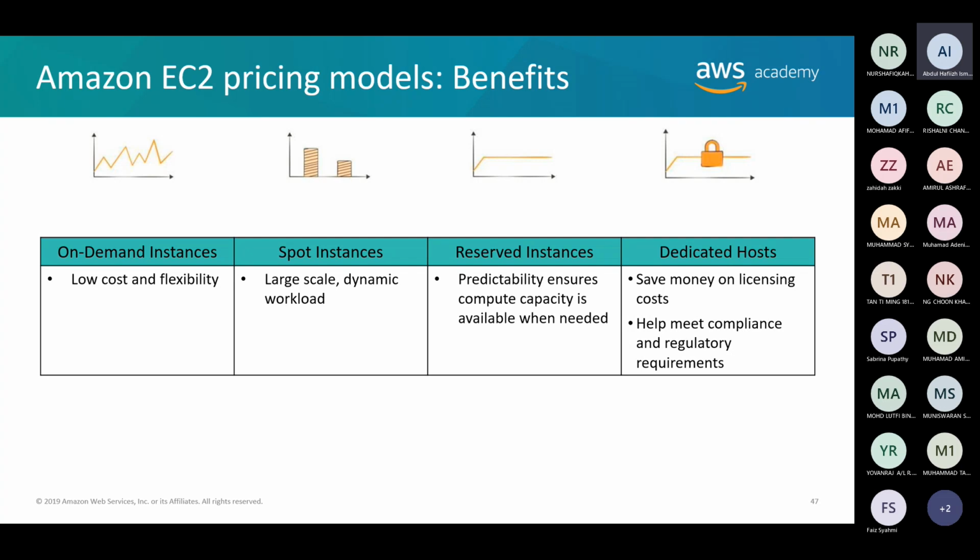So kita dah reserve siap-siap. Apa maksudnya bila reserve kita bayar awal, so kita pun bayar murah and kita tak perlu kata tak cukup capacity kan. Macam spot instance ni kita tak tahu ada ke tak that instance pada waktu yang kita perlukan tu lah.